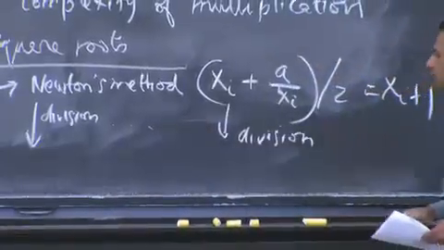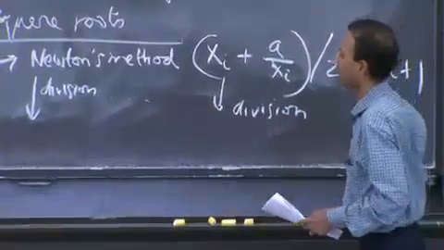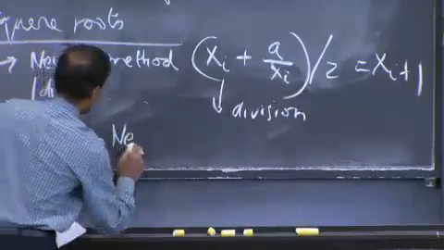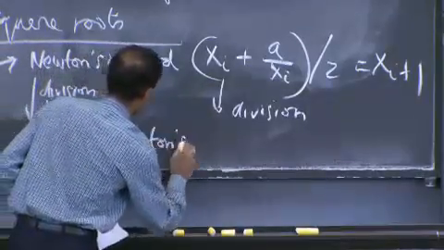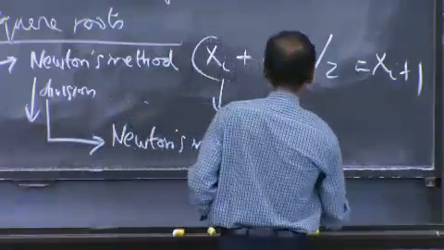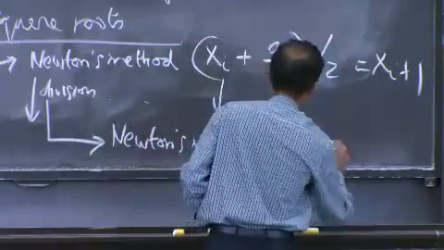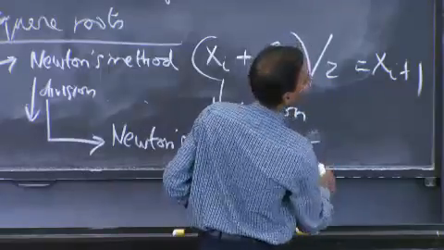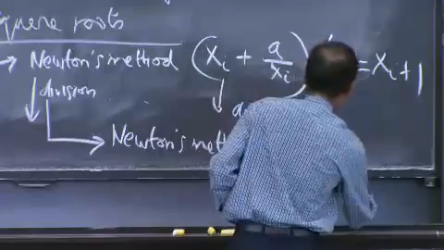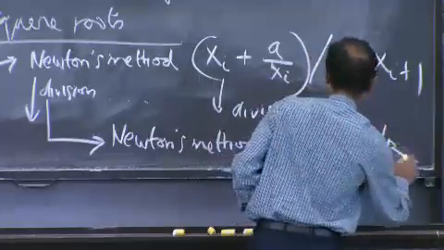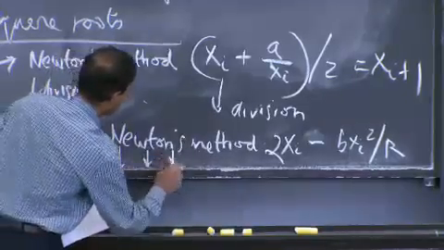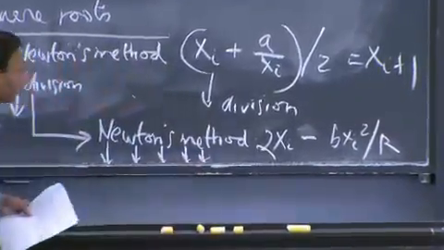For each iteration, you have to call a division. And for each of these division methods, we're going to call Newton's method. What that is is something like 2x_i minus b x_i squared divided by r. And that's going to be a bunch of multiplications.